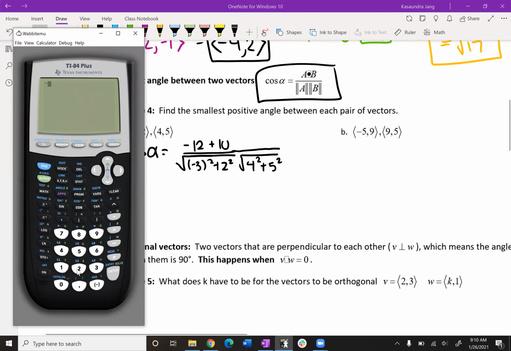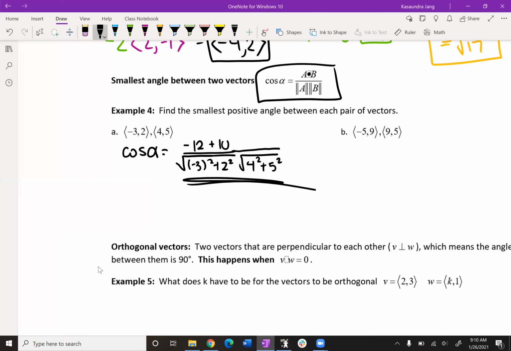So I'm going to see what kind of messy decimal this is. Looks like I've got -12 plus 10, so -2, divided by, and in the denominator, I've got two different square roots going on here. So I put parentheses, and I'm going to do the two square roots multiplied together. So the square root of 9 plus 4. You guys know where I'm getting this 9 plus 4 from? Okay, so my 9 plus 4 is 13. Honestly, you could type this messiness in if you want.